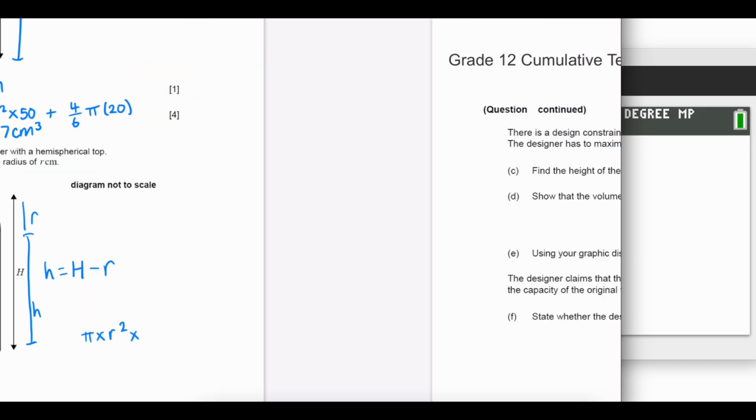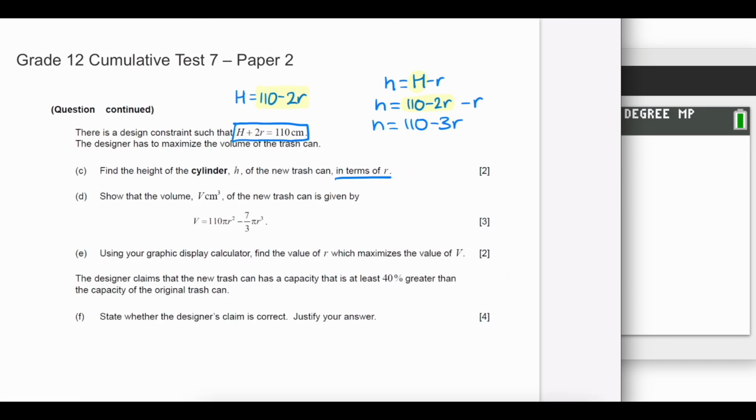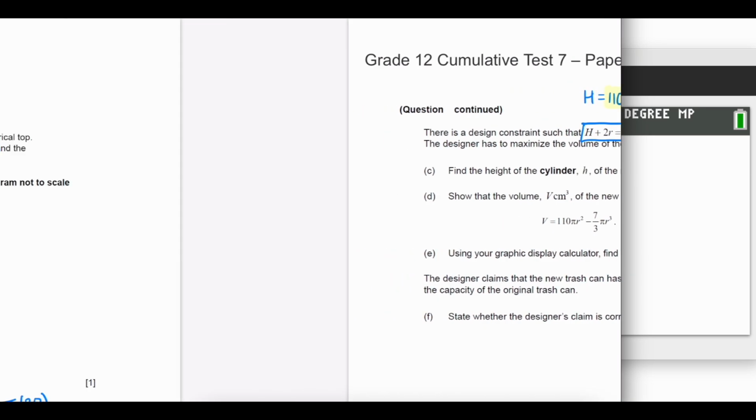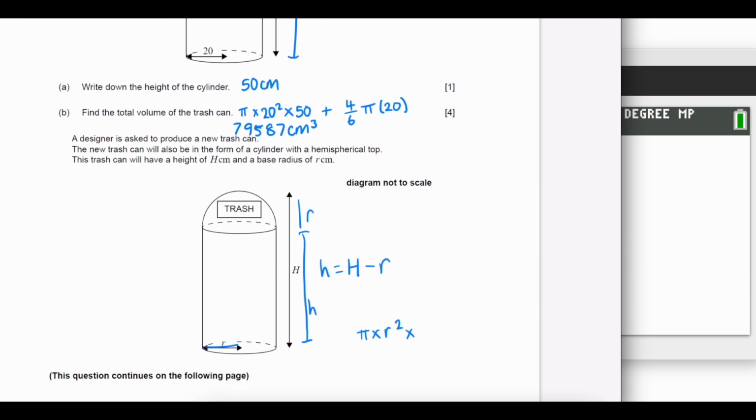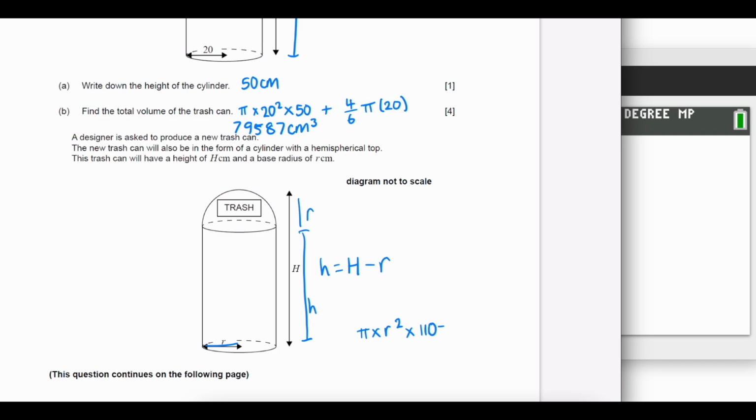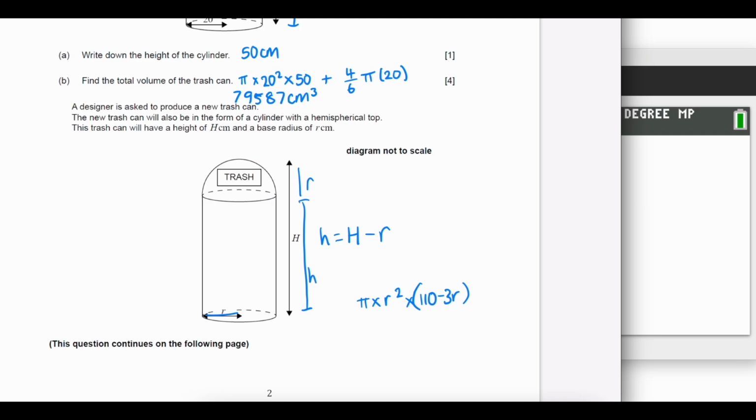I've just worked out the height, and it's 110 minus 3r, which I'm going to put in brackets there. That's the volume of the cylinder, and then I also have the volume of the hemisphere, which, like last time, is 4/6 of pi r cubed.